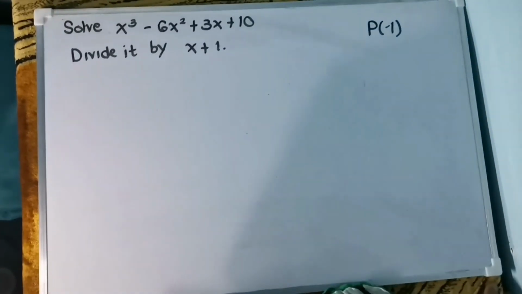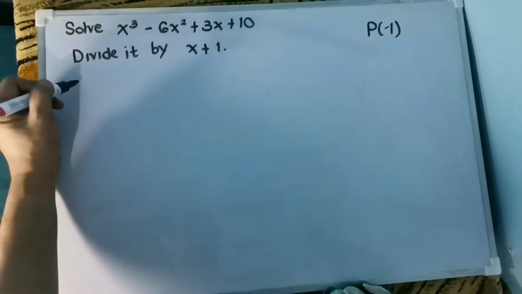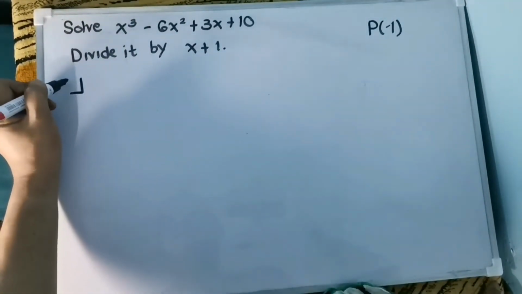So, we can use synthetic division. Kung hindi nyo pa alam yung synthetic division, check out nyo lang yung playlist ko ng grade 10. Meron ako ng video regarding synthetic division. So, x plus 1 na gagamitin natin ay negative 1.